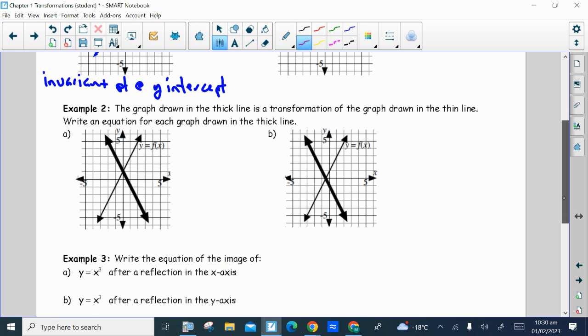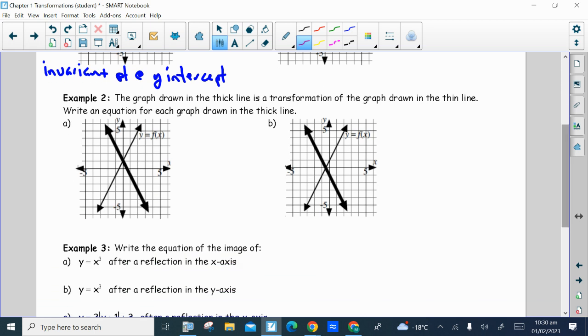Example 2 says the graph drawn in the thick line is a transformation of the graph drawn in the thin line. Write an equation for each graph drawn in the thick line. So if you look at that first case, a person could make a case just looking at it to say, well, how do we know what axis it's reflected about? It looks like it could be reflected about either axis.